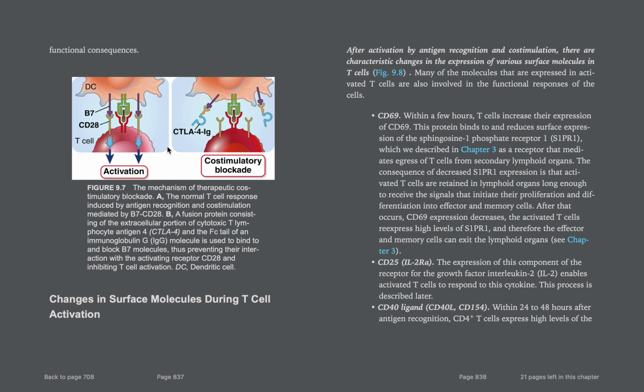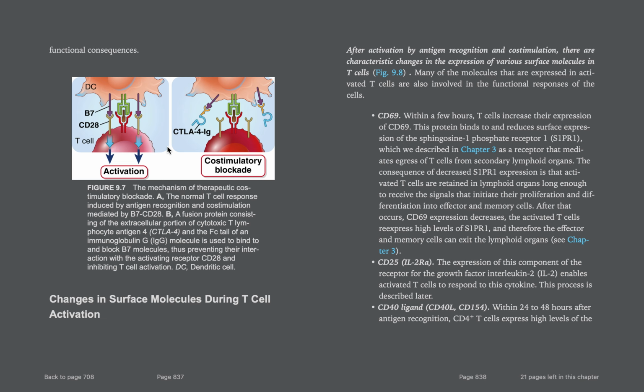This protein binds to and reduces surface expression of sphingosine 1 phosphate receptor, S1PR1, which are described in chapter 3 as receptors that mediate egress of T cells from secondary lymphoid organs. The consequence of decreased S1PR1 expression is that activated T cells are retained in lymphoid organs long enough to receive the signals that initiate their proliferation and differentiation into effector and memory cells.